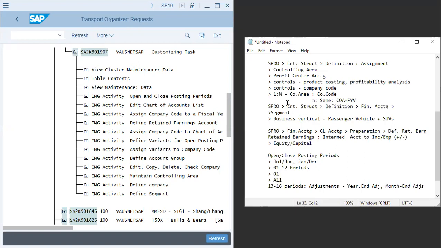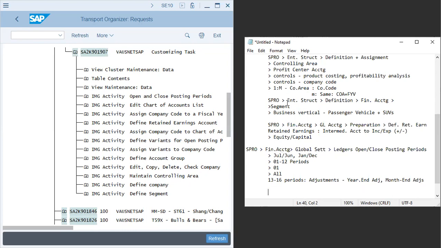Open close period, this is also in ledgers. Before that, we have SPRO. Financial accounting, global setting, and in ledgers. Okay, that's it.